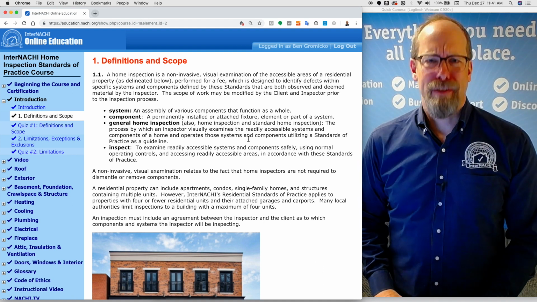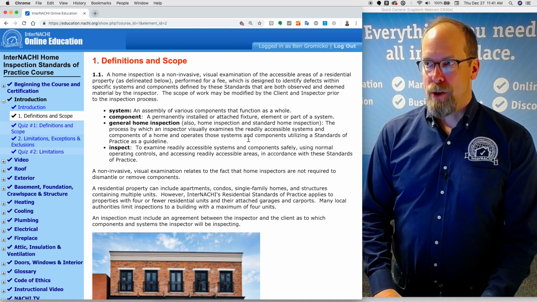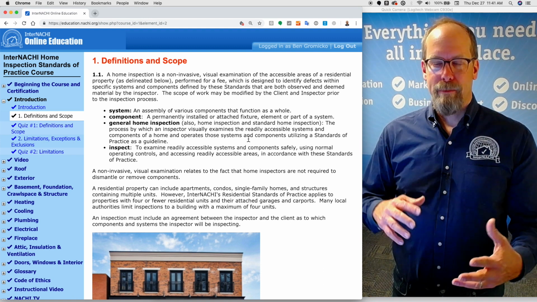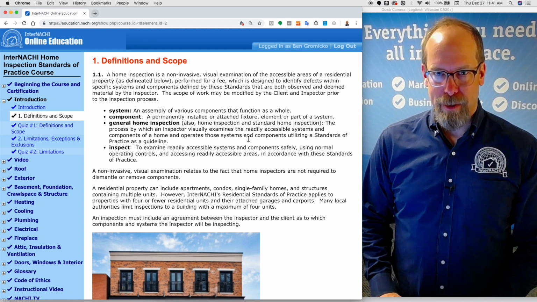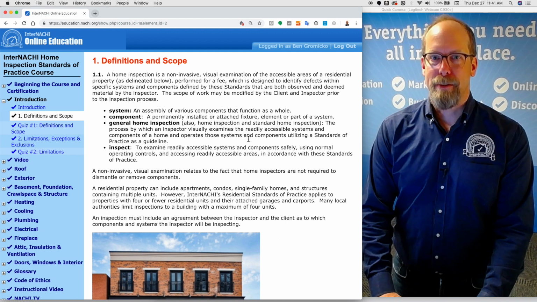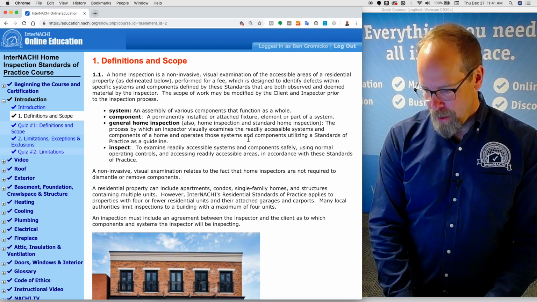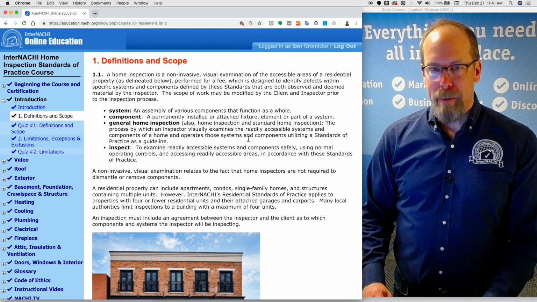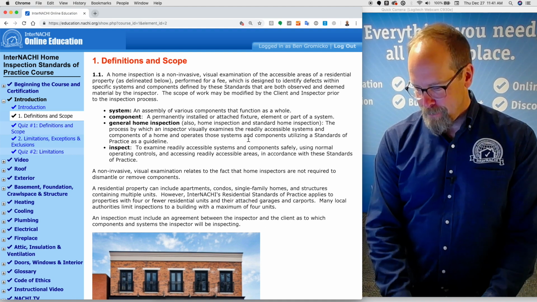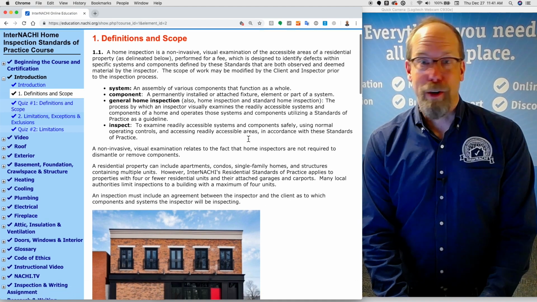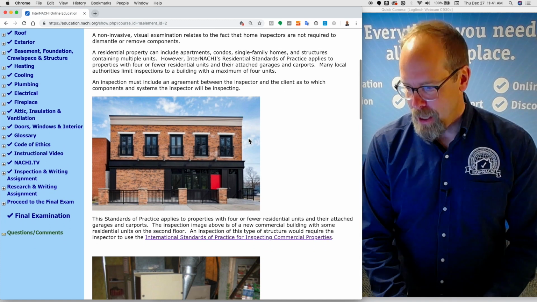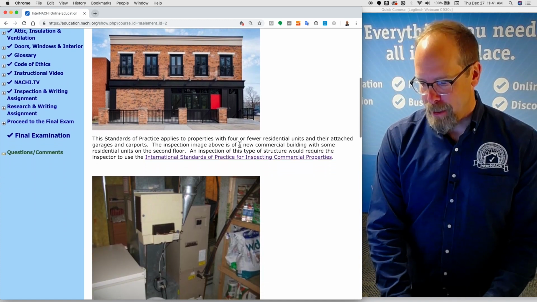You now have to use a different standards of practice. So if there are 4 or fewer, you can use the residential standards of practice for residential buildings. An inspection must include an agreement between the inspector and the client about what you're going to inspect, what systems and components will be inspected.